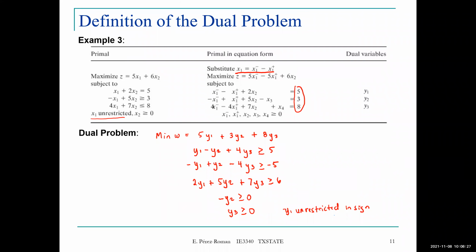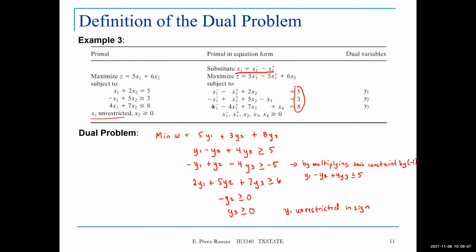Actually, if you multiply the second constraint by -1, you get y1 minus y2 plus 4y3 less than or equal to 5.